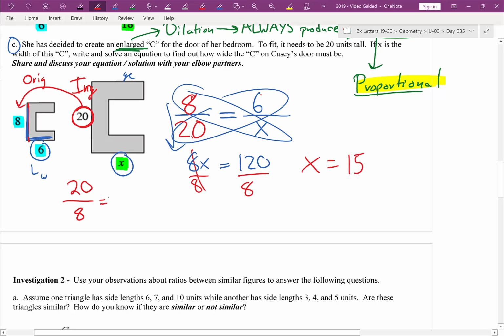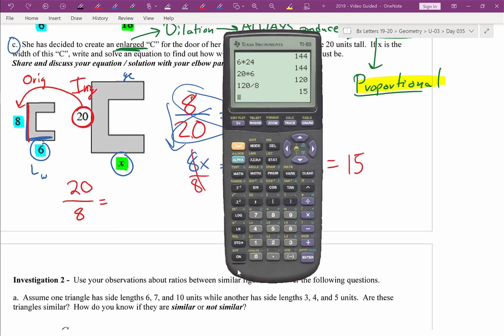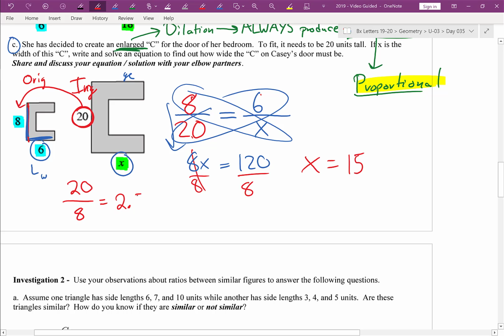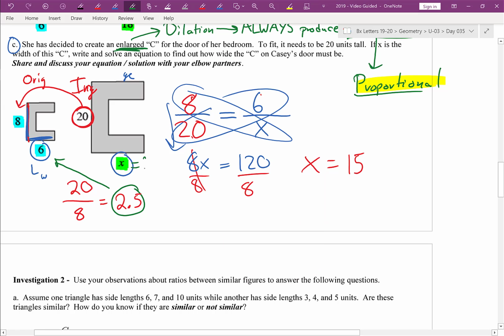And that will guarantee tell me the scale factor. That will tell me how it's transforming. So 20 divided by 8 tells me it's 2.5. The scale factor is 2.5. This is what the width needs to be multiplied by to give me the image width. So if I do 6 times 2.5, that's how I get 15.